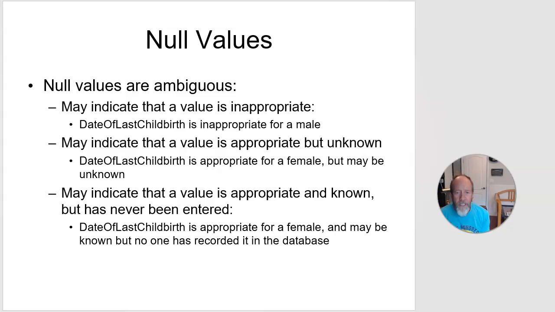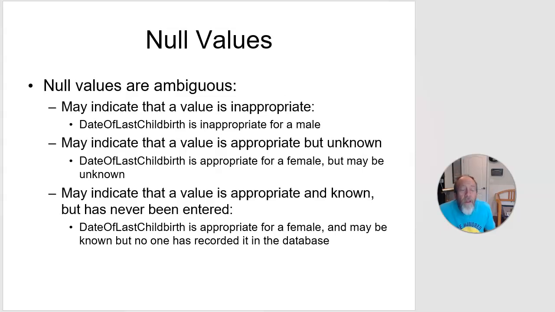In the situations of dealing with null values, there are appropriate places where the values should be null. If you just don't have it, it's null. But null values, when you haven't entered any data, the data record is null. For example, date of last childbirth makes no sense if the person you're looking at is male.